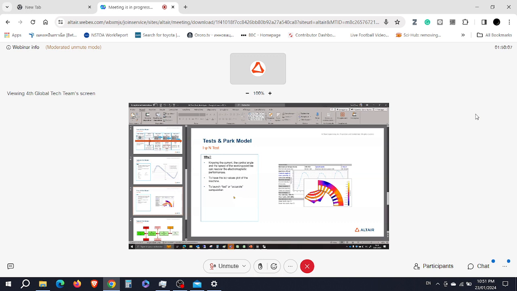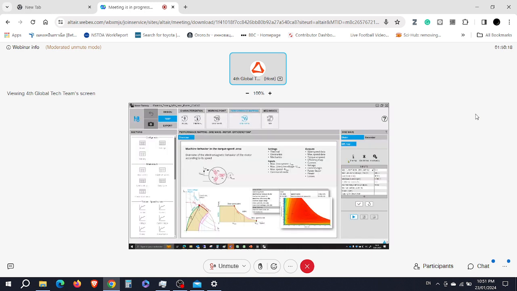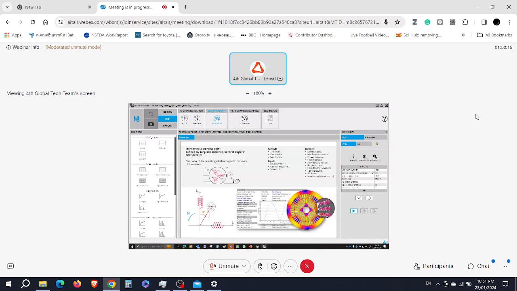When you see accurate, accurate is a full Flux 2D transient magnetic application done behind, where actually, if I go back to sine wave test and make accurate, it allows you to compute the AC losses on the winding as well, and of course include the torque ripple directly with this accurate mode.